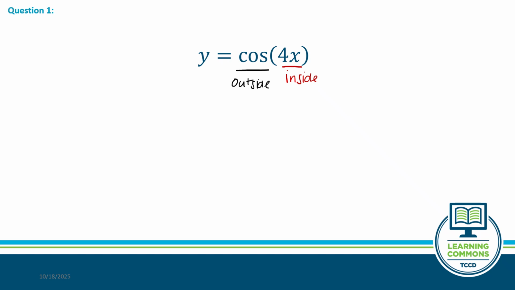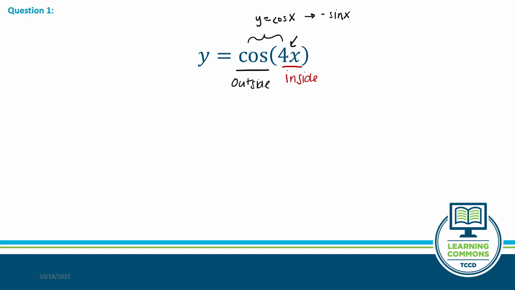Because this is not the parent function of cosine x. There's a difference. Y equals cosine x, you would just derive it normally, it would be negative sine x. But because there is something here, you have to apply chain rule.